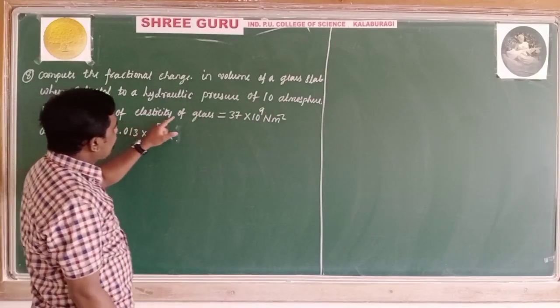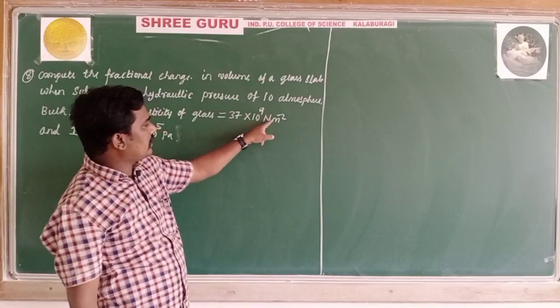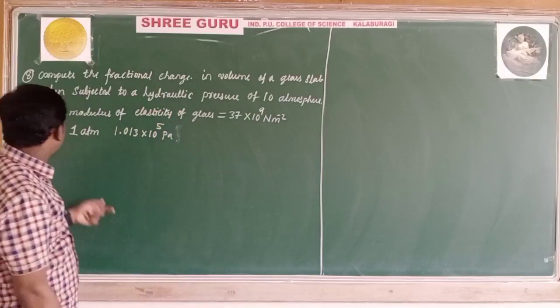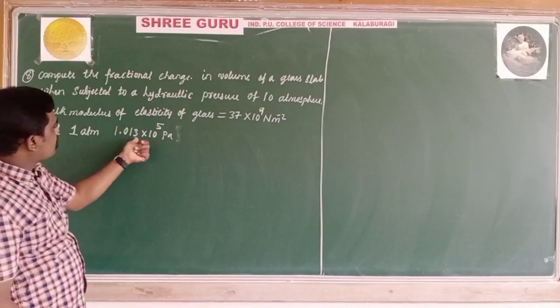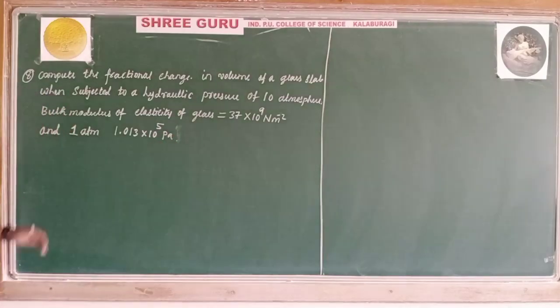The bulk modulus of elasticity of glass is 37 into 10 to the power of 9 Newton per meter square, and 1 atmosphere is equal to 1.013 into 10 to the power of 5 Pascal.